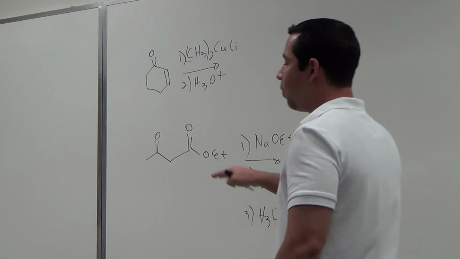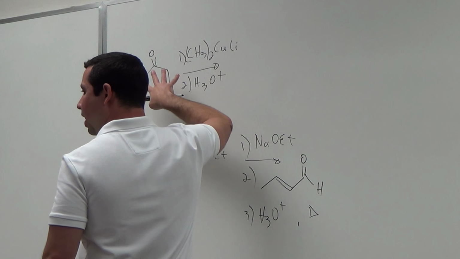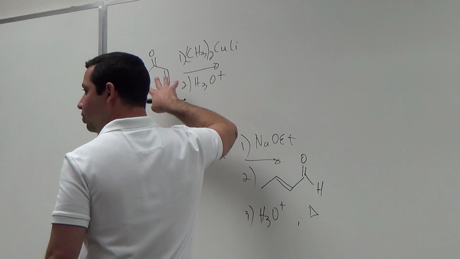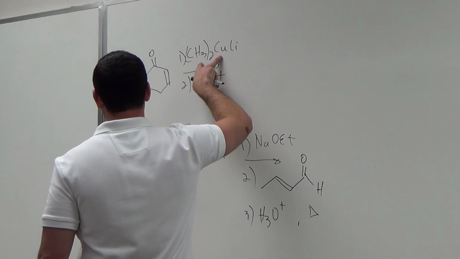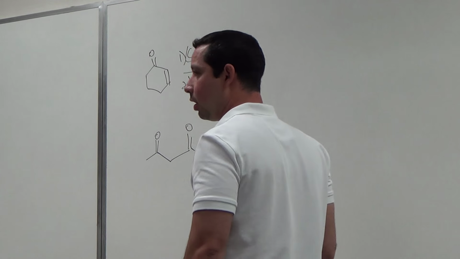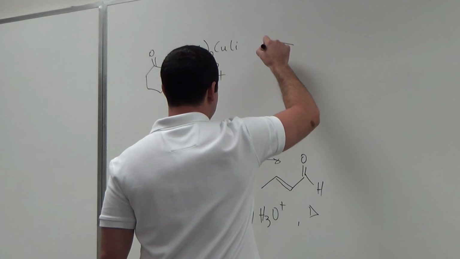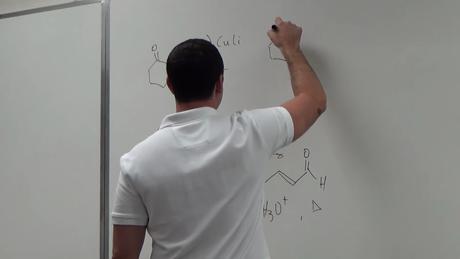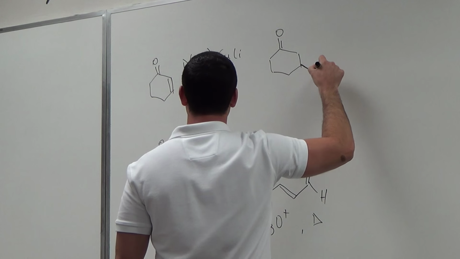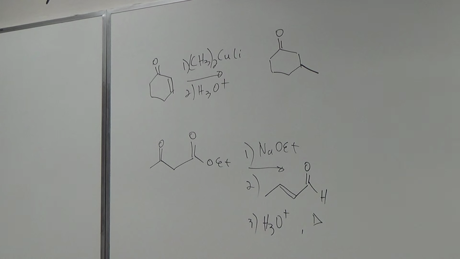What you have here is an alpha, beta unsaturated carbonyl. I have here the dialkyl cuprate, it's going to attack. The addition will be where? In the beta position. Very good. I redraw this, and the addition will be here, CH3, and that's done.